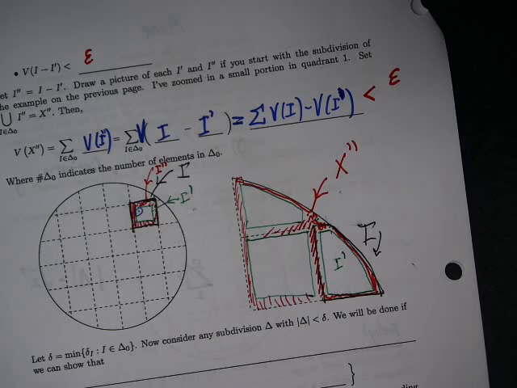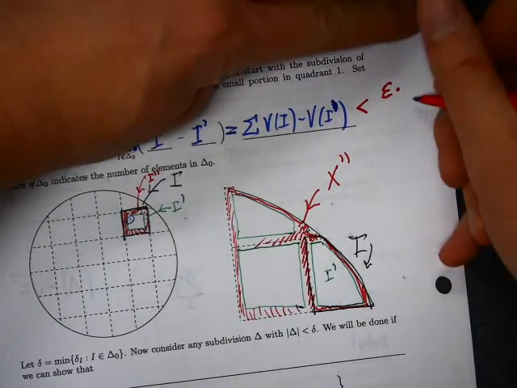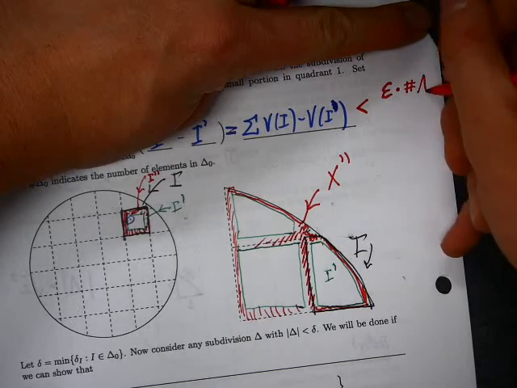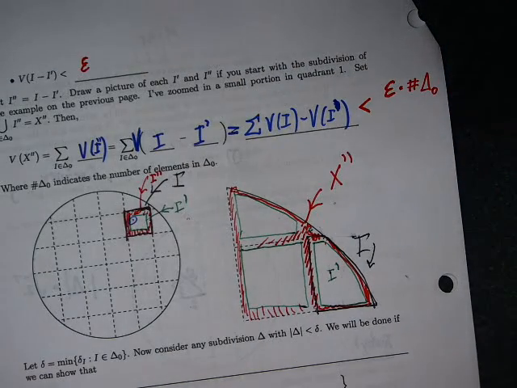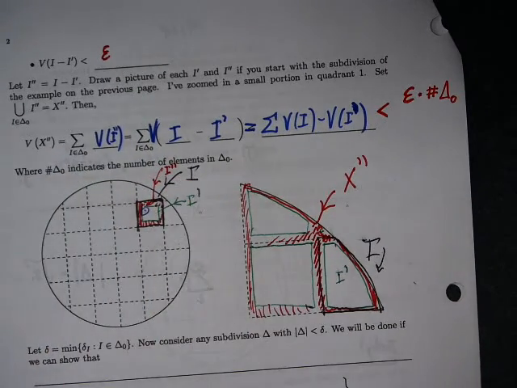So that x double prime I've arranged to have arbitrarily small volume, but that red epsilon is eventually going to be epsilon times the number of things in delta 0, because how many terms are in that sum? There's one for each thing in delta 0, and each of those terms is less than epsilon. Here the number of things in delta 0 indicates the number of elements in delta 0.